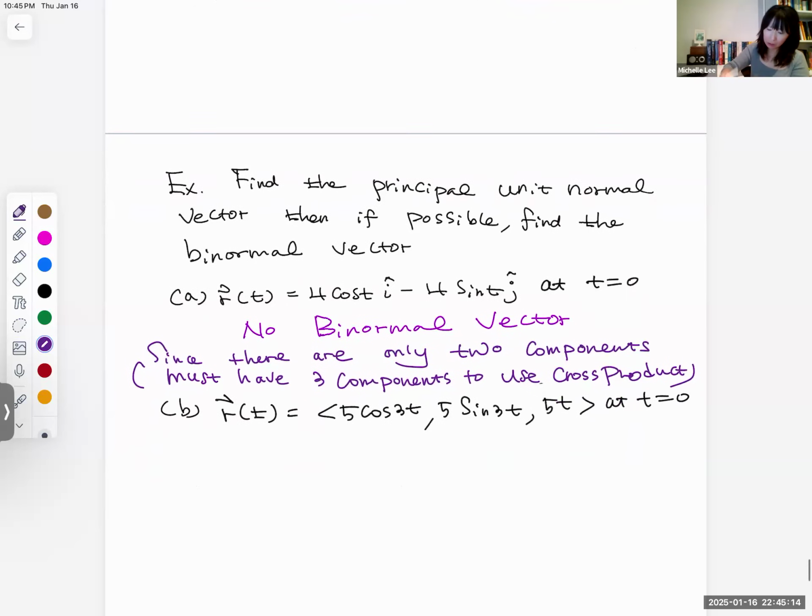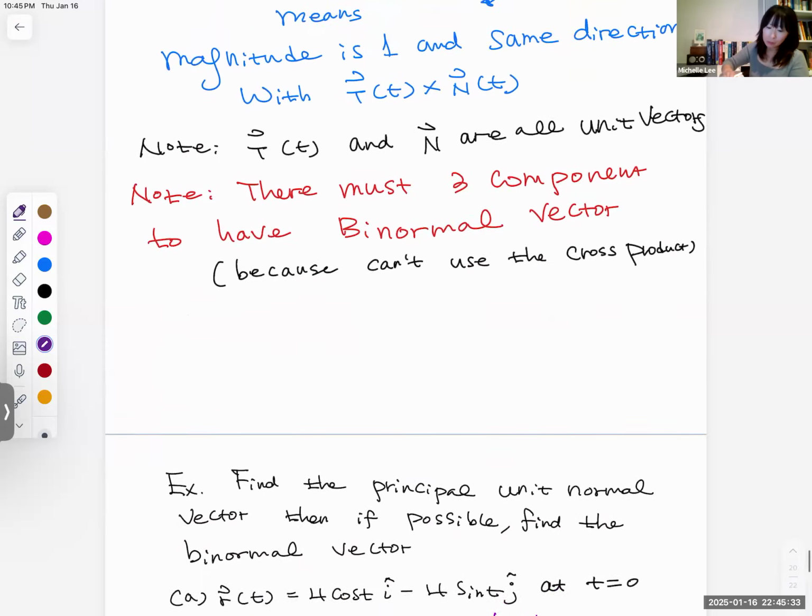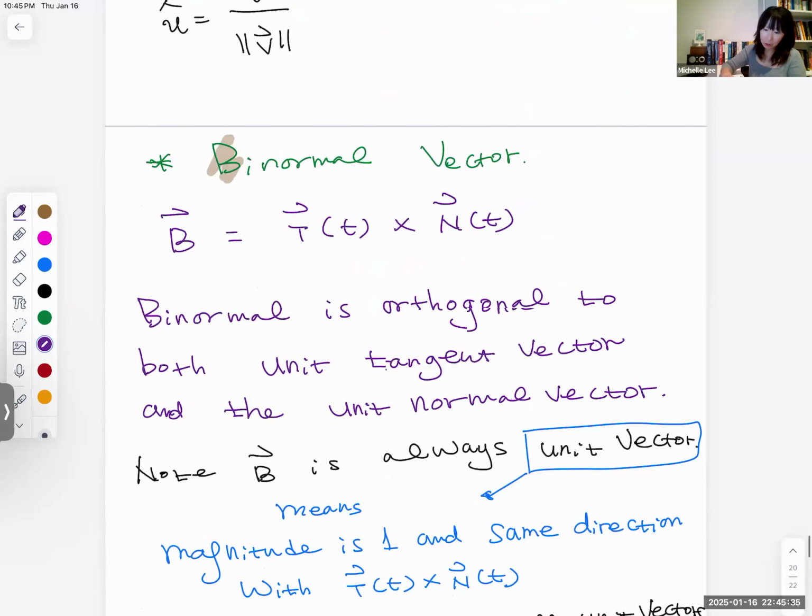Okay, let's find out. But if we don't have t equal to 0, it will be very messy and very long algebraic work. But we have t equal to 0, so we can substitute easily. All right, so let's do it. So tangent vector first.